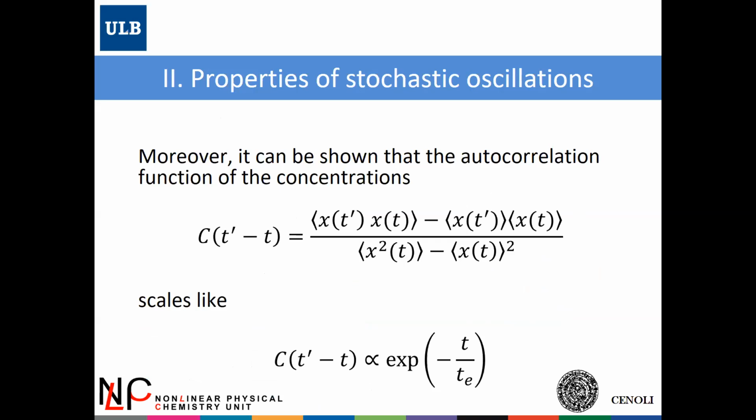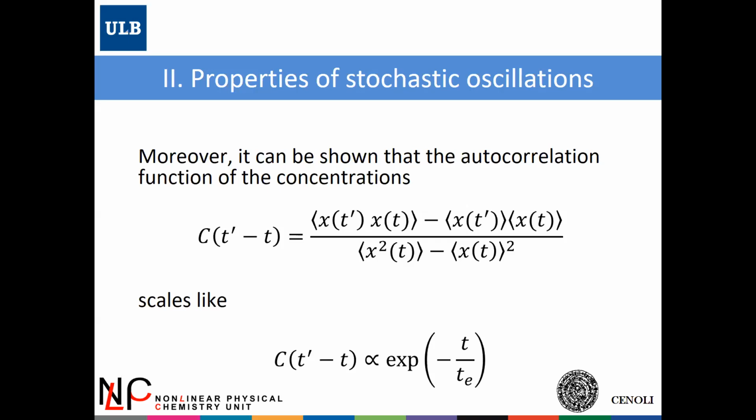Something else that can be tested is the behavior of the autocorrelation function. I do not have to explain to you what an autocorrelation function is, but here is the autocorrelation function for the concentrations. Using the results from the Fokker-Planck equation, and more precisely the form that we found in the weak noise limit, we can show that this function is actually the product of a periodic function and an exponential that decays as a function of time.